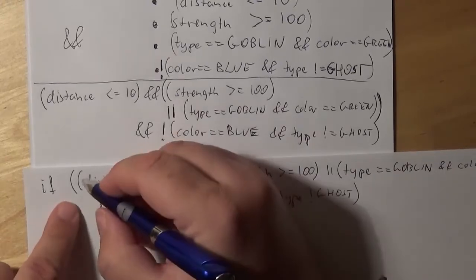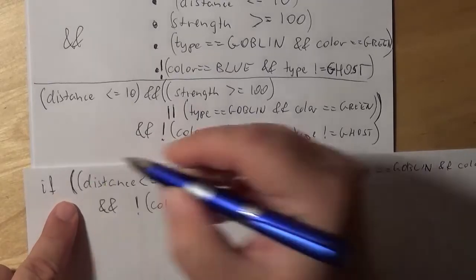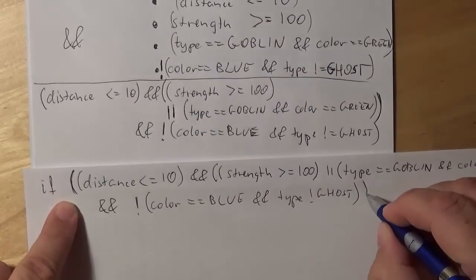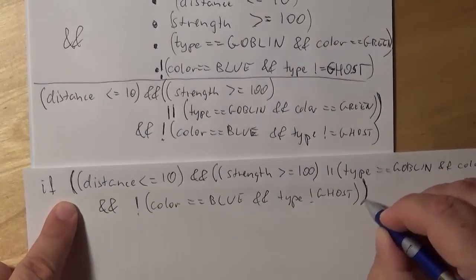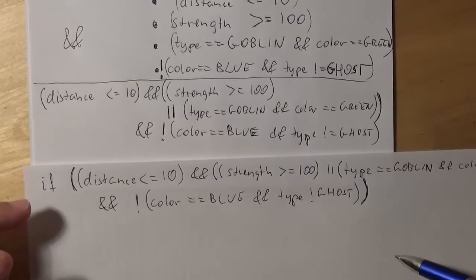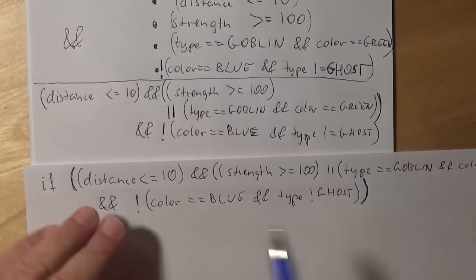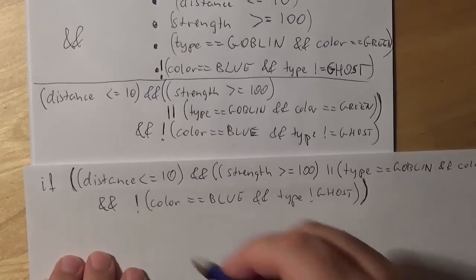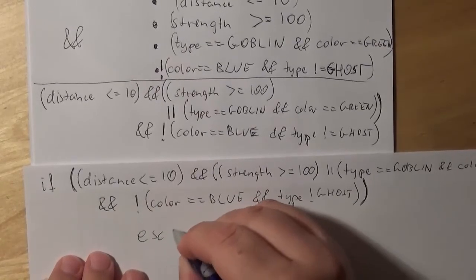I have to close the bracket opened here. This is the bracket that is not a part of the condition. This is part of C++ syntax, and if all this is true, then escape.